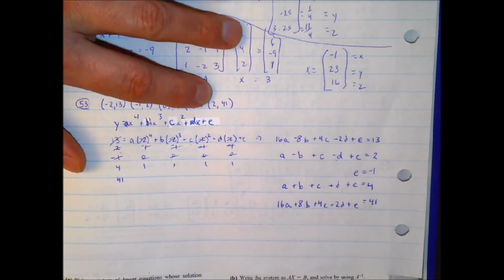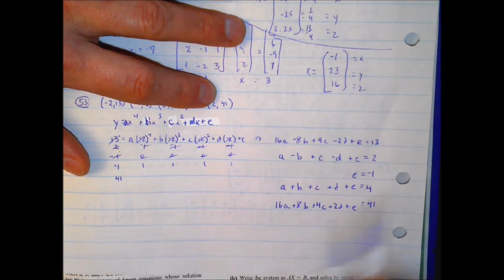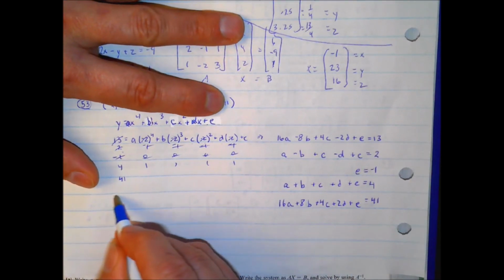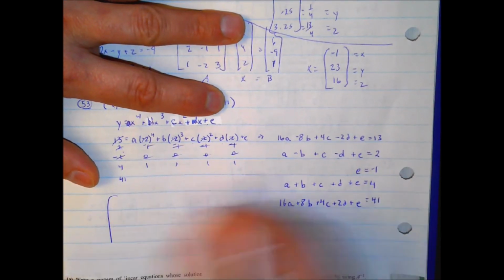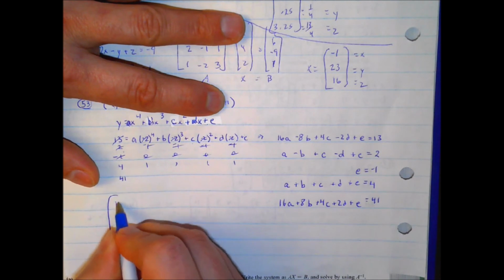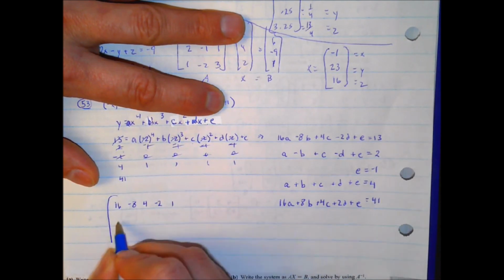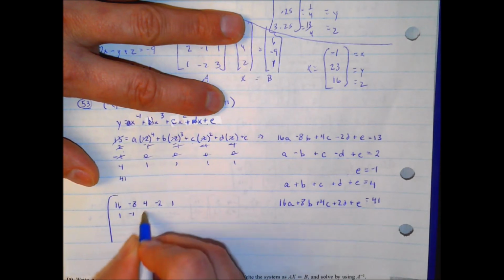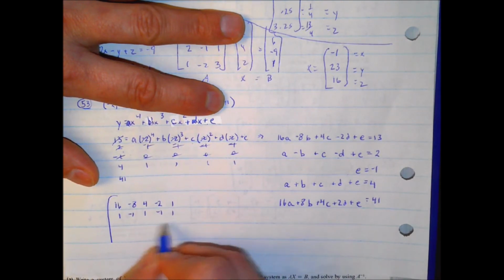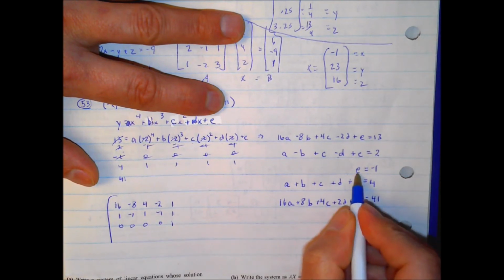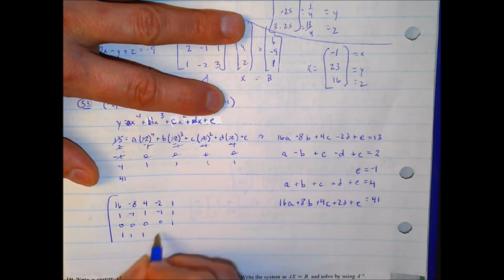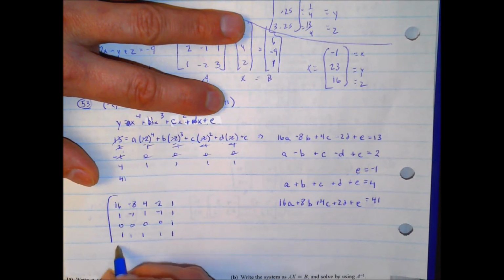Okay, so now I'm going to make a matrix. I have as a matrix 16, negative 8, 4, negative 2, 1, then 1, negative 1, 1, negative 1, 1, then 0, 0, 0, 0, 1, then 1, 1, 1, 1, 1, and 16, 8, 4, 2, and 1.